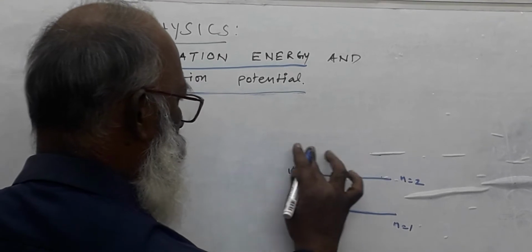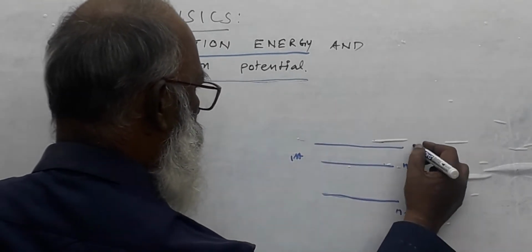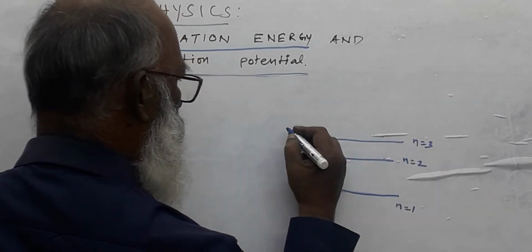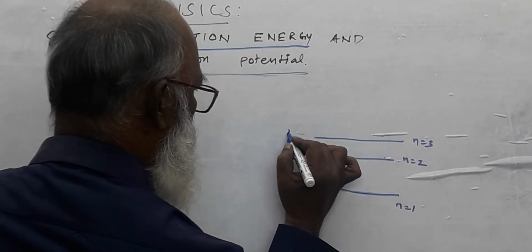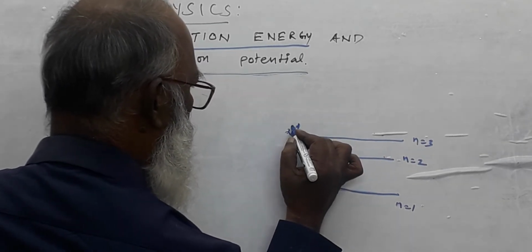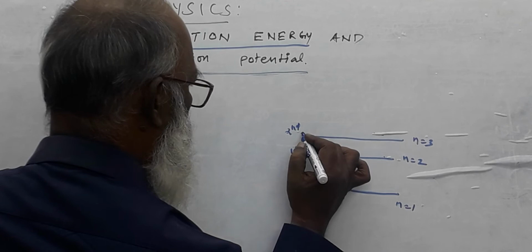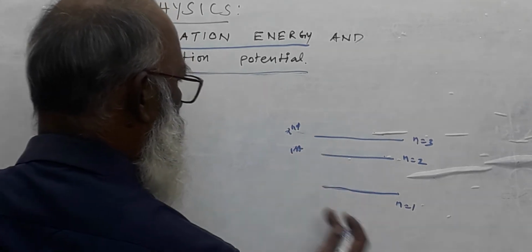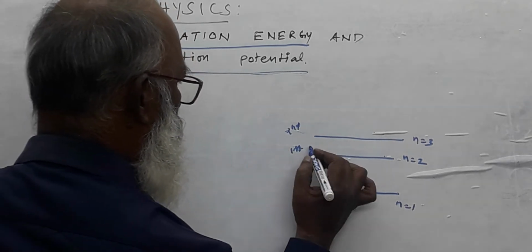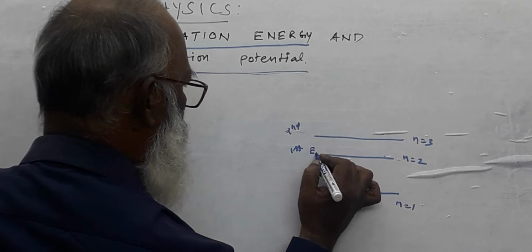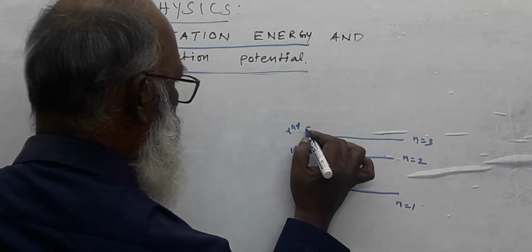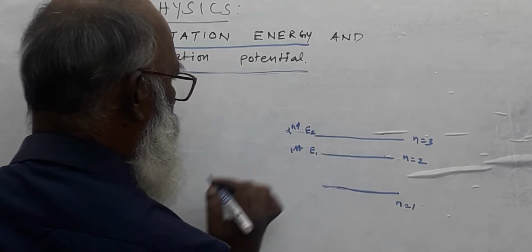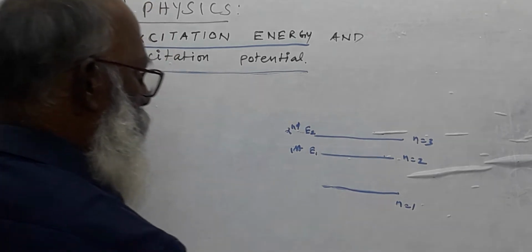When n is equal to 3, this is called second excitation energy. The energy in the first excitation is called E1. The energy in the second excitation is called E2.